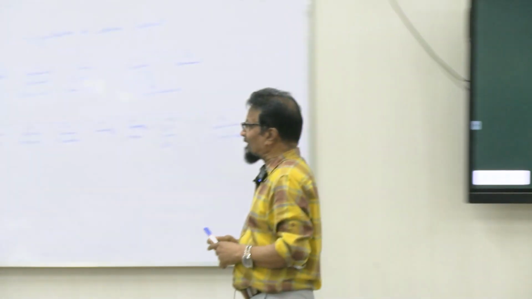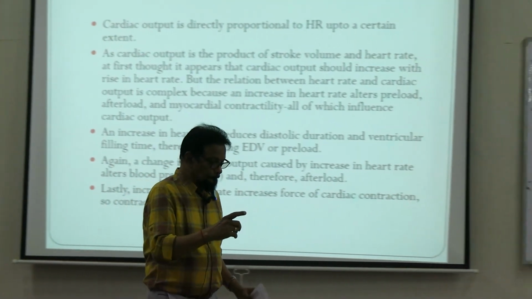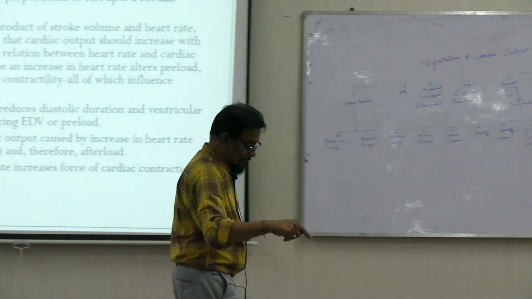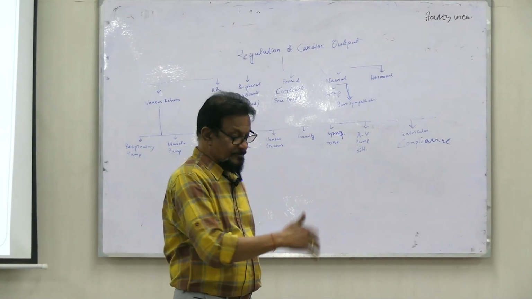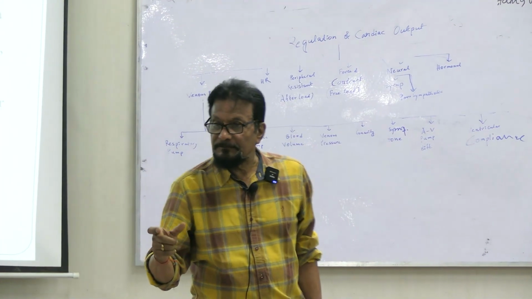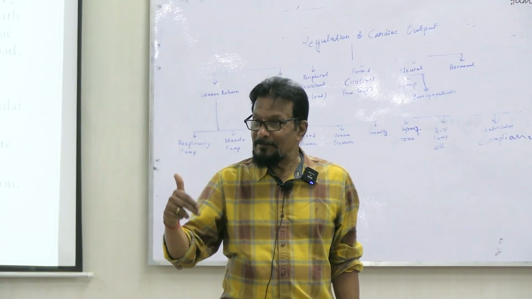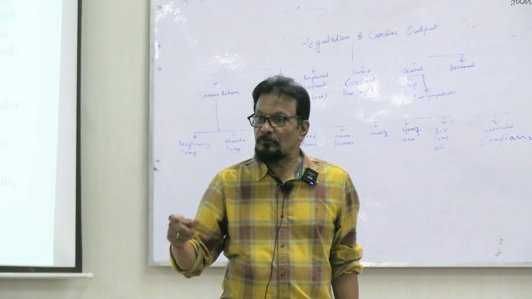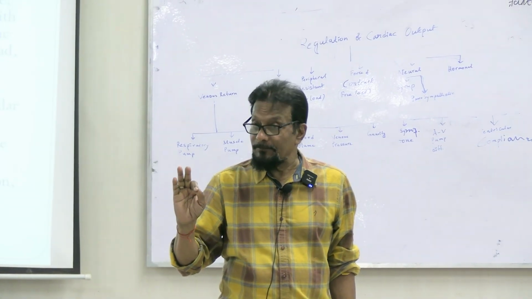Next, venous pressure. Because of the venous pressure, venous return is increased. In the vein, what is the pressure? In the venule, the pressure is around 22 millimeter of mercury.